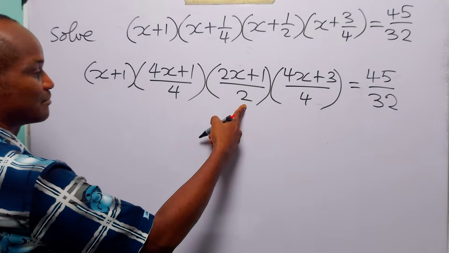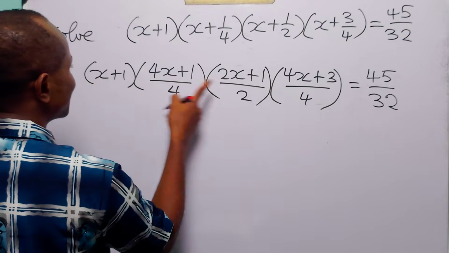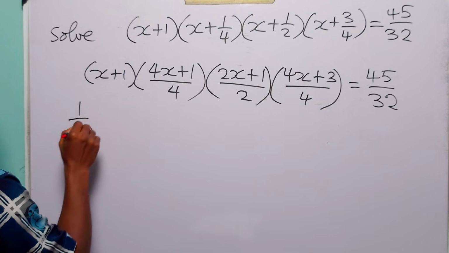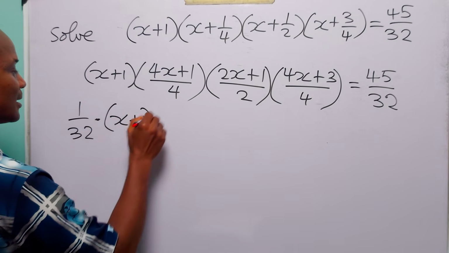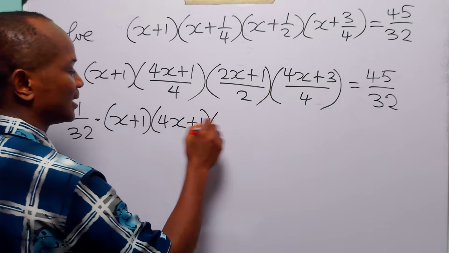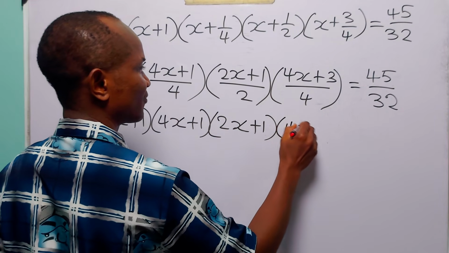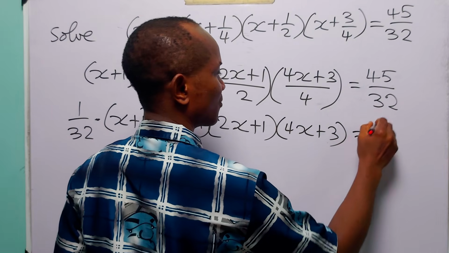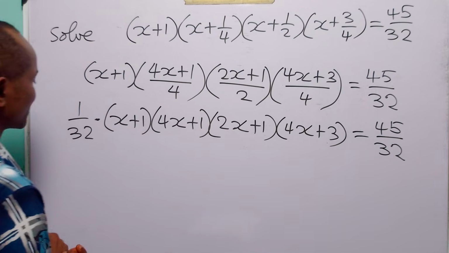Now, 4 times 2 is 8. 8 times 4 is 32. So we can write this as 1 over 32 times (x plus 1) times (4x plus 1) times (2x plus 1) times (4x plus 3). And this is equal to 45 over 32.